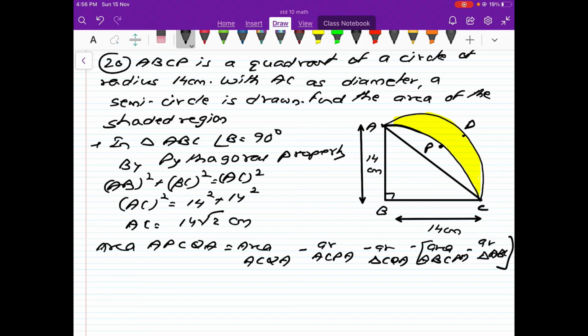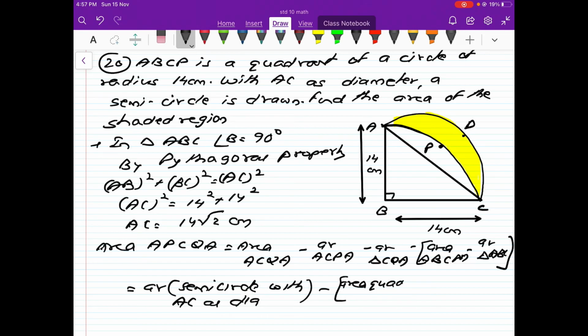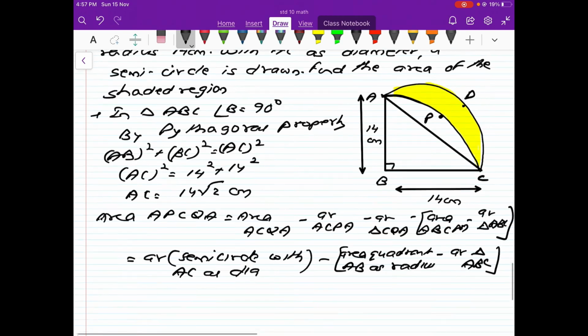So this is little complicated, but we will do this. So this is area of semicircle with AC as diameter minus area of the quadrant with AB as radius minus area of triangle ABC. So this can be calculated easily.